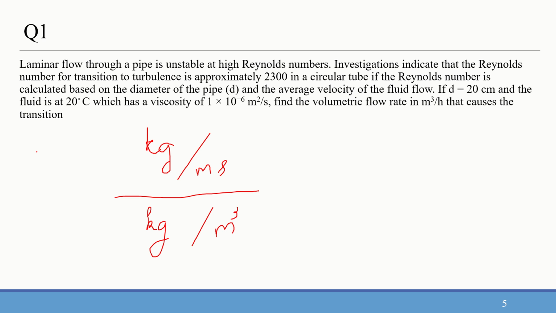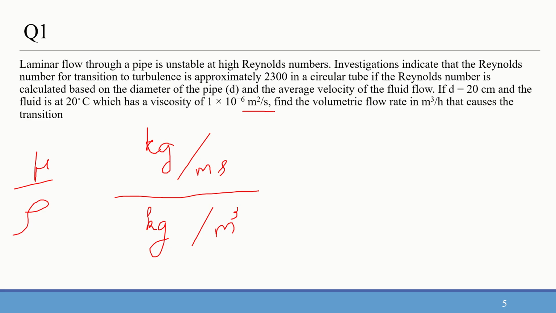So it is mu, that is dynamic viscosity, by rho. Even though the wording is wrong, on seeing the unit we can say that it is mu by rho. So mu by rho is 1 into 10 power minus 6 meter square per second.